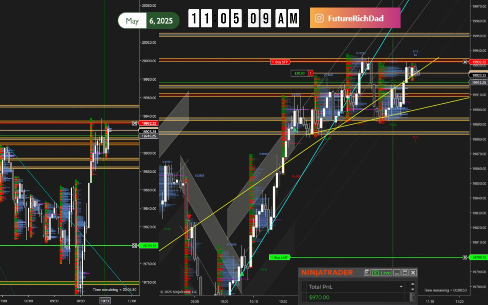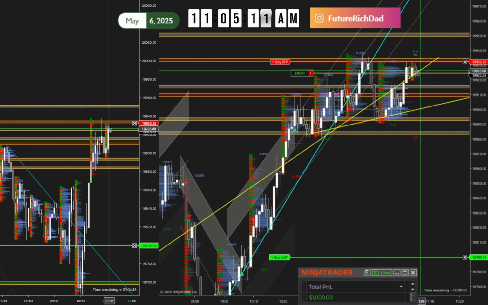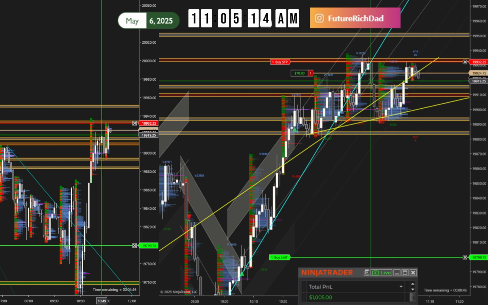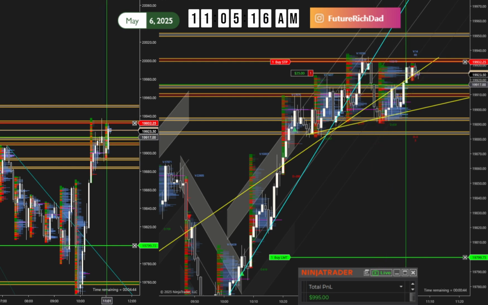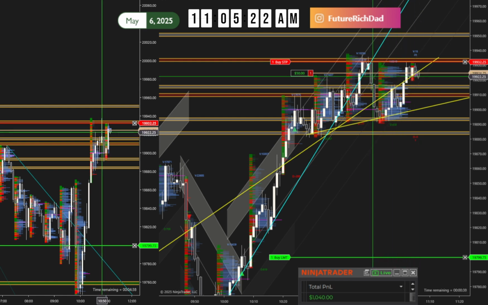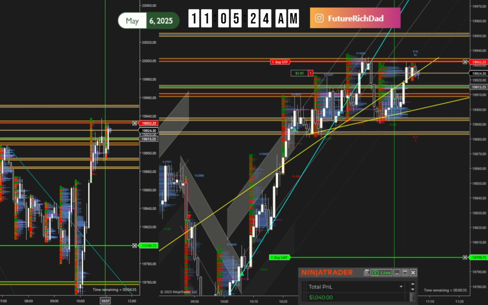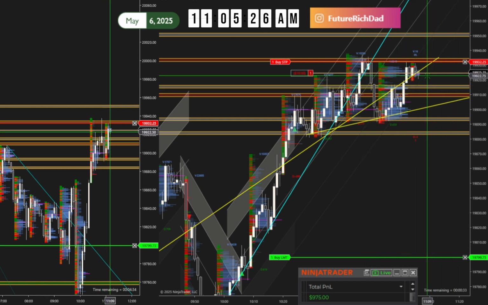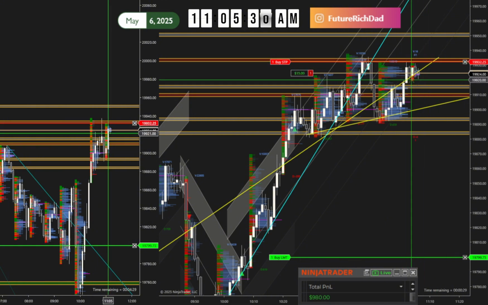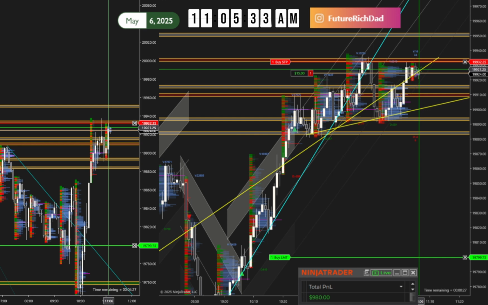Hopefully this is an upward rejection, so we go to the downside, but we'll see. So we do need to break below here to go below us even further to move towards this volume cluster here. And it looks like we are rejecting, filling the orders here.